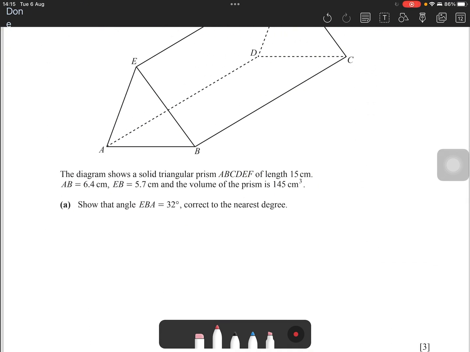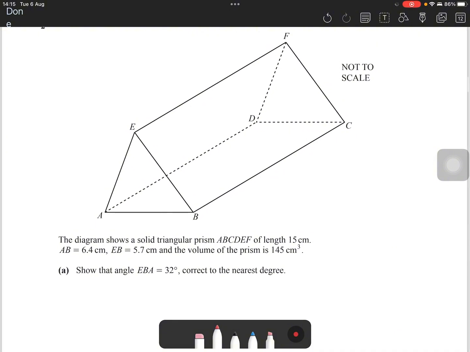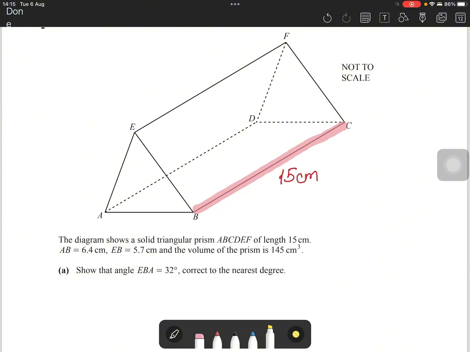Question 2. The diagram shows a solid triangular prism ABCDEF of length 15 centimeters. AB is 6.4 centimeters.